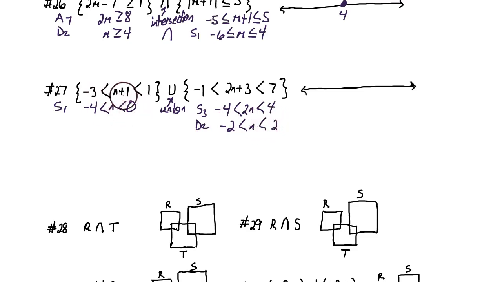We want all the numbers that solve this along with all the numbers that solve this. Here's -4. Here's -2. Here's 0. Here's +2. The first statement tells us to show the answers between -4 and 0. There they are.